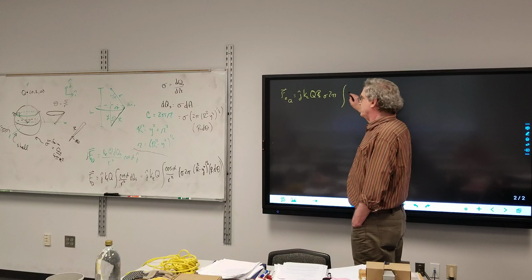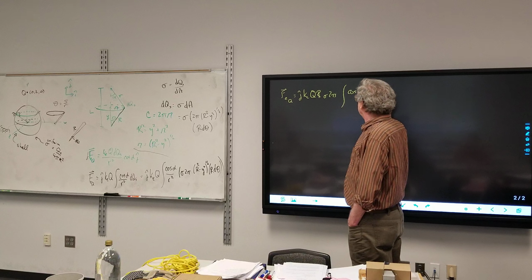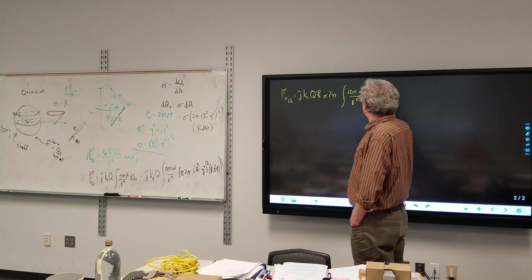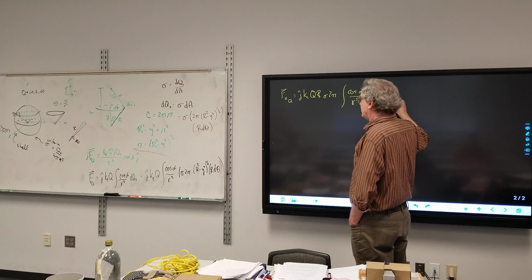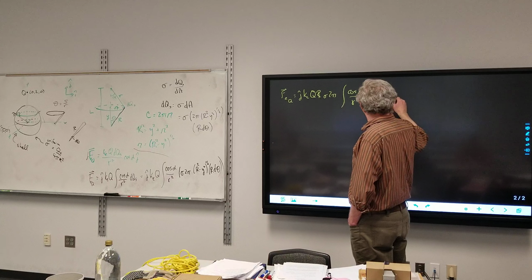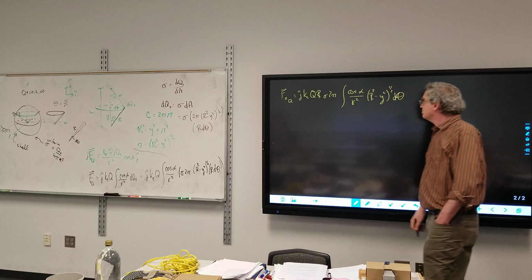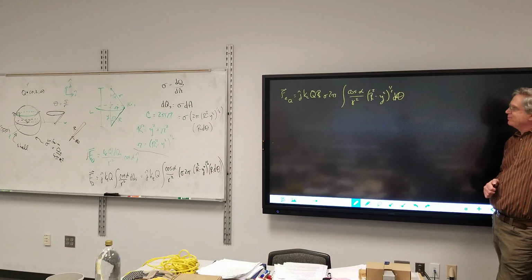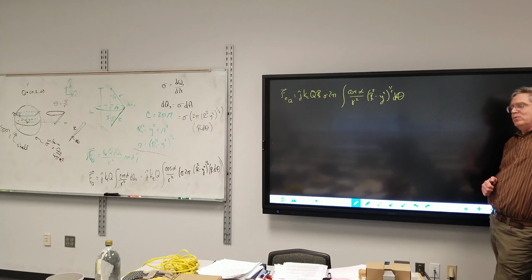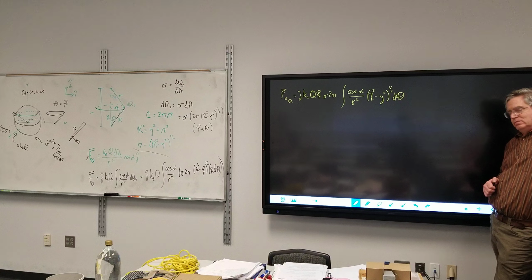And what we're left with still is cosine alpha over r squared, big R squared minus y squared to the 1/2, and I've already pulled the R out, d theta. And now, questions?